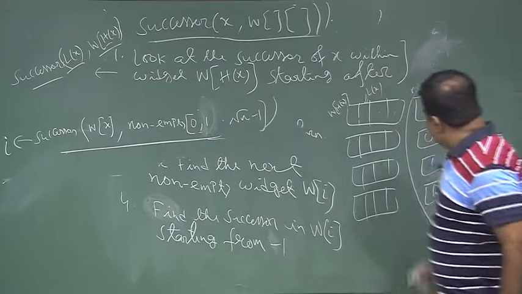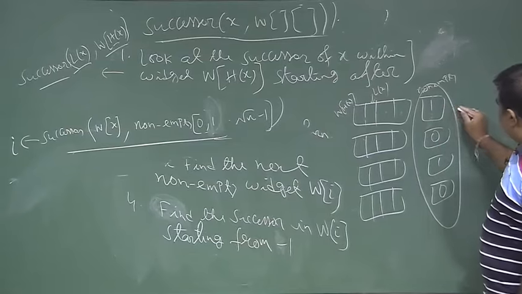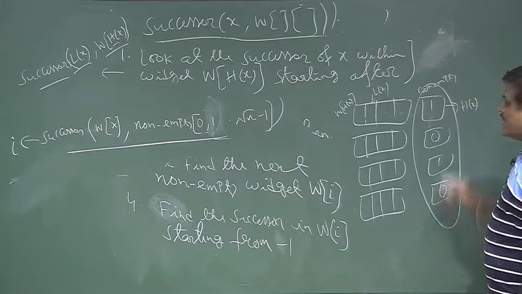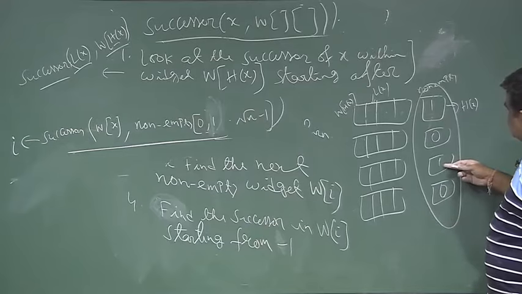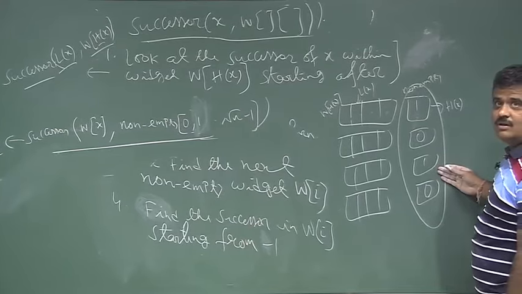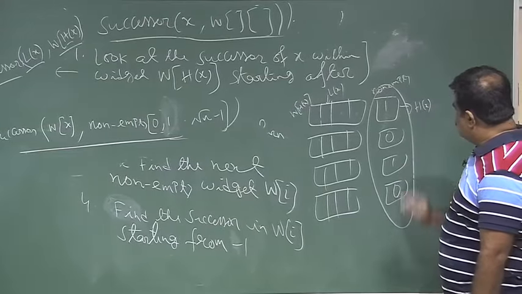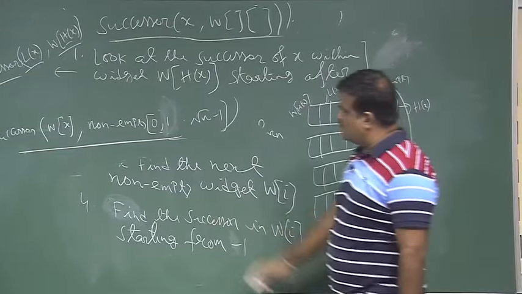So we are looking at the successor after h of x. This position is h of x. We are looking at the successor, that means the next 1. So this is also a successor call.